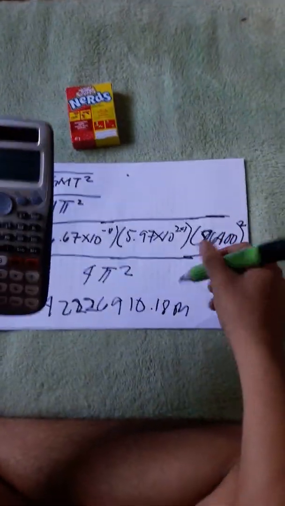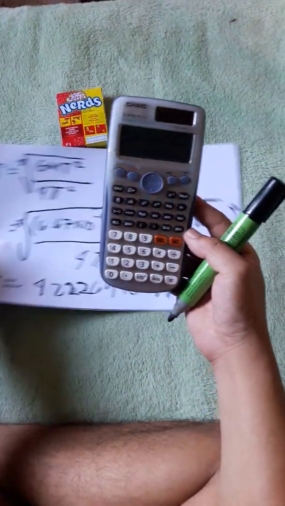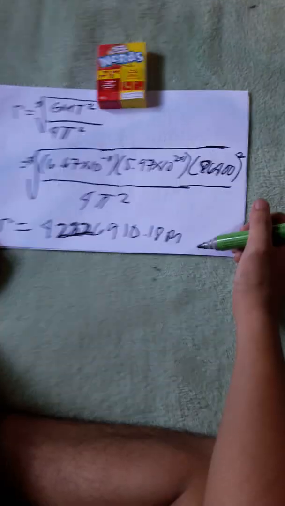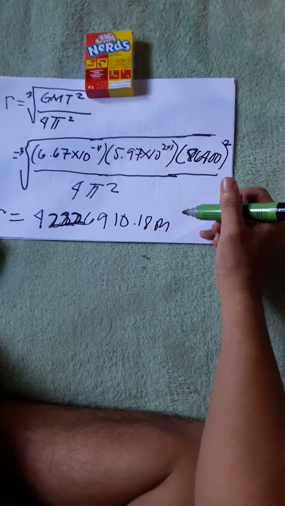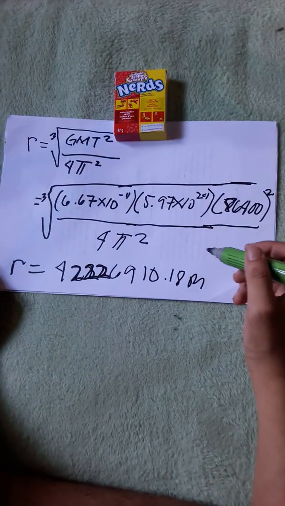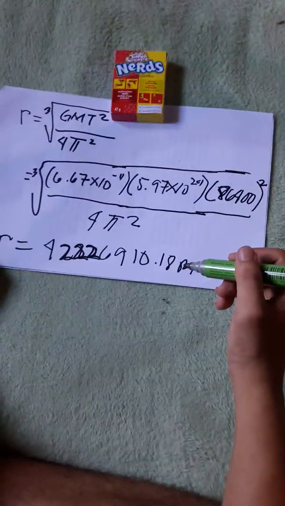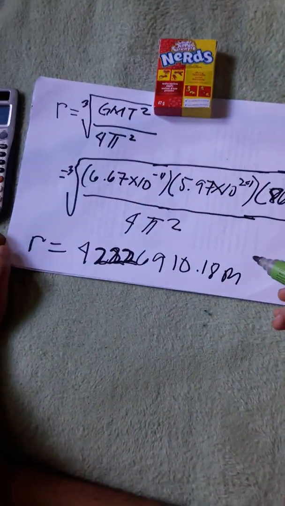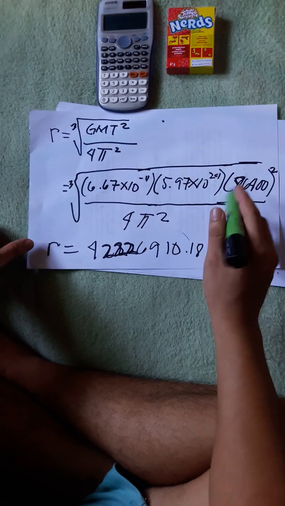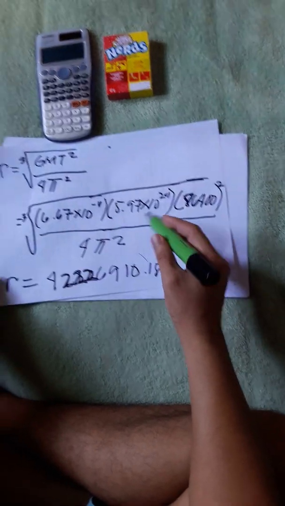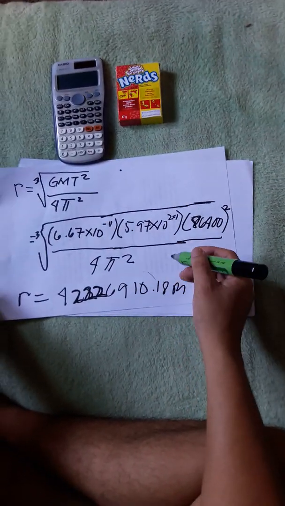And this is not yet the distance from the Earth to the satellite, because it includes the radius of the Earth.